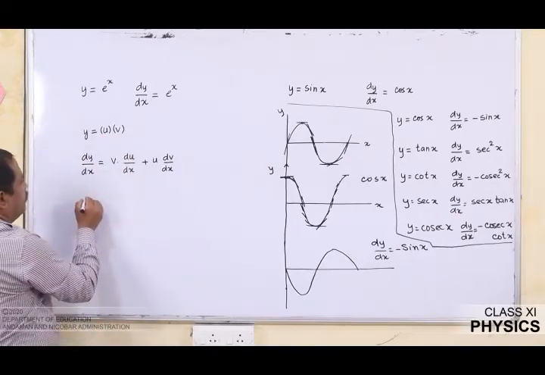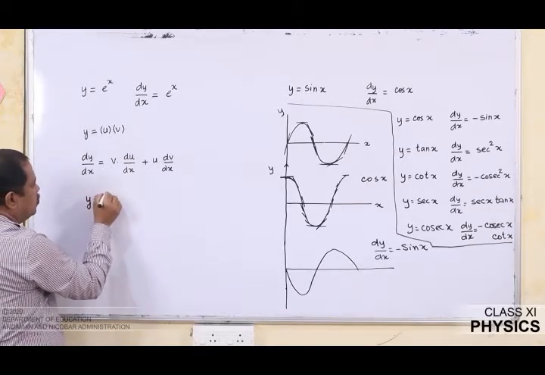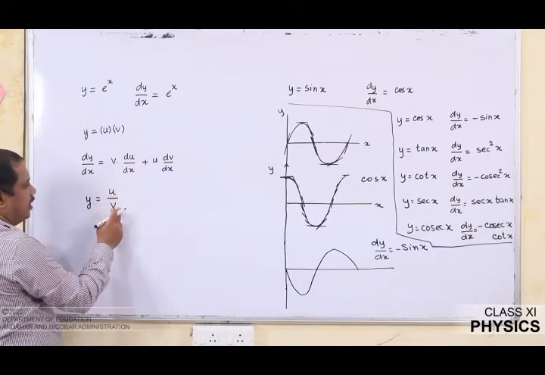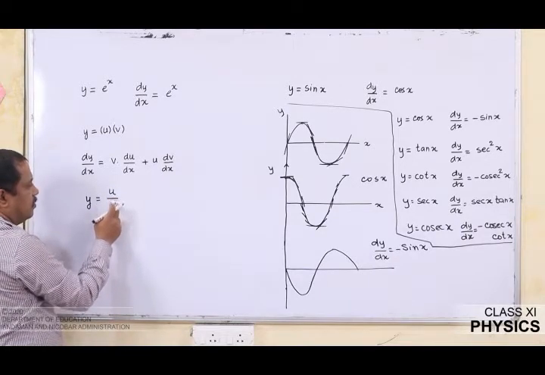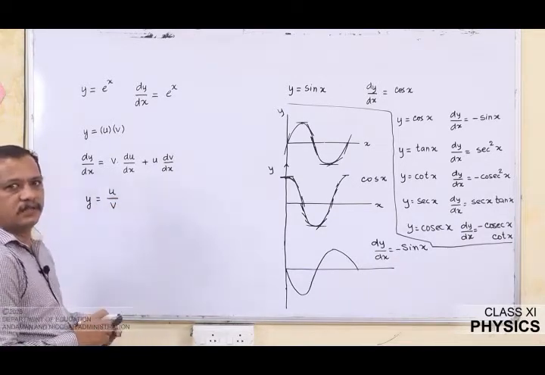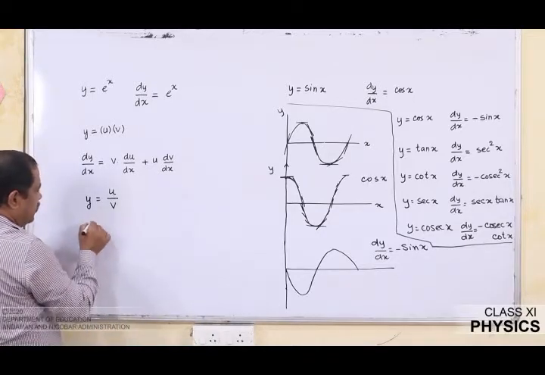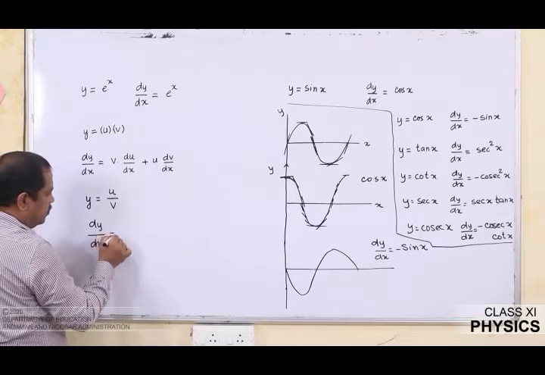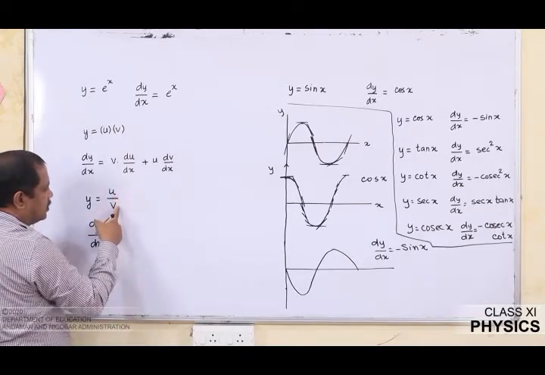Similarly, we will have y is equal to u by v. So two functions of x I have, and the function is a division of two functions. In that case, differentiation will be dy by dx is equal to, let me say this is the first function, this is the second function.